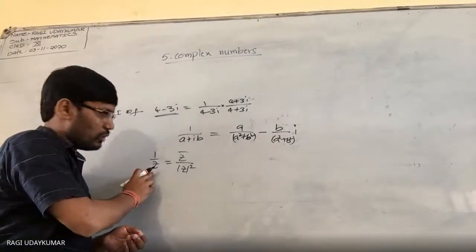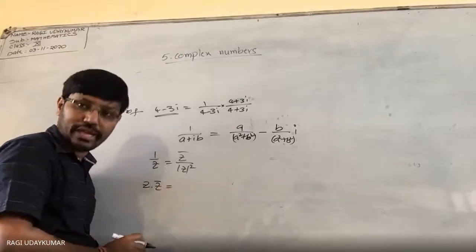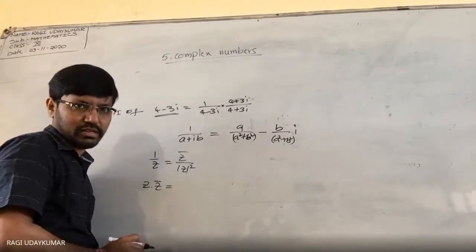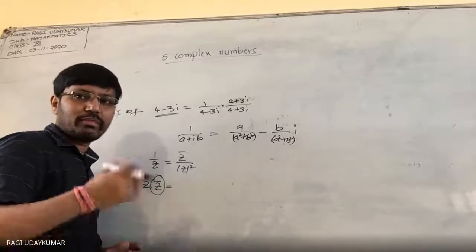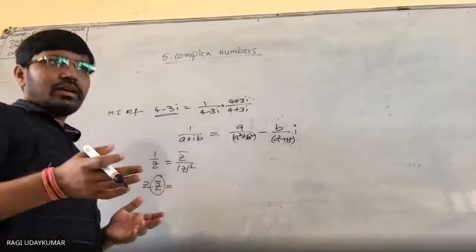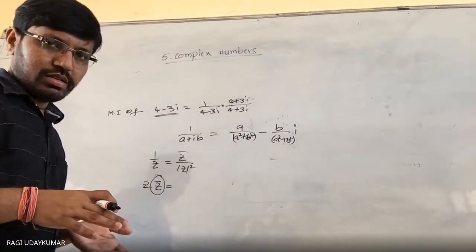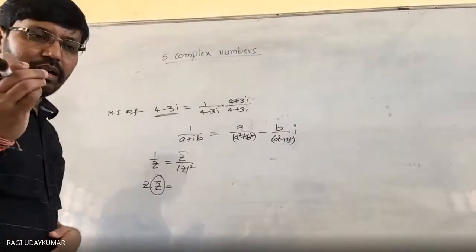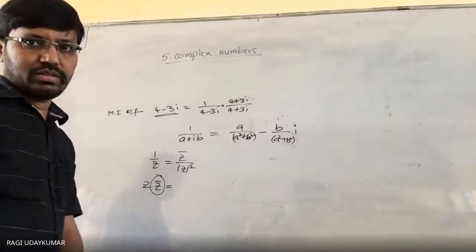1 by z is equal to z bar by modulus of z square. If you multiply any number with its complex conjugate, what is the conjugate of the complex number? Conjugate means you just need to change the sign of the imaginary part, that's all.